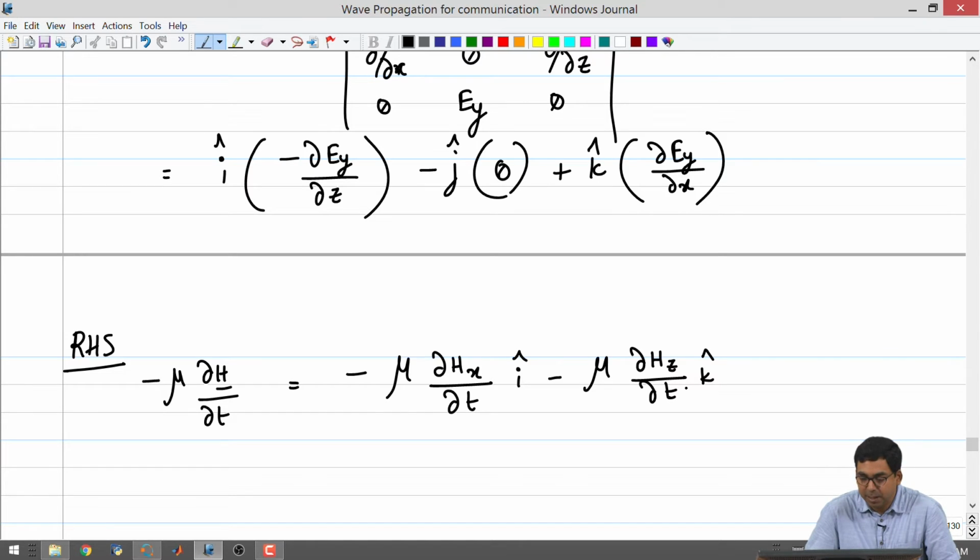So, H has been divided into Hx i plus Hz k. Once you do that, all you need to do is take the unit vector i, equate the coefficients, and then take the k vector, equate the coefficients.